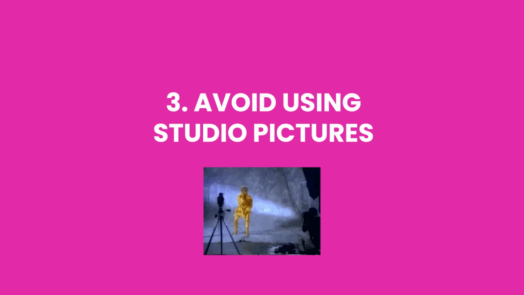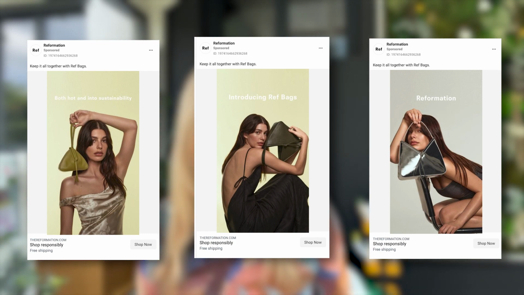Another thing that you should avoid doing is using very well executed studio pictures. Why do we want to avoid those? Because it doesn't look true. It's too perfect, and social media is all about human nature, authenticity, and imperfect connections between people. So social media is not the right place to put your perfectly executed, very expensive pictures talking about your brand identity.